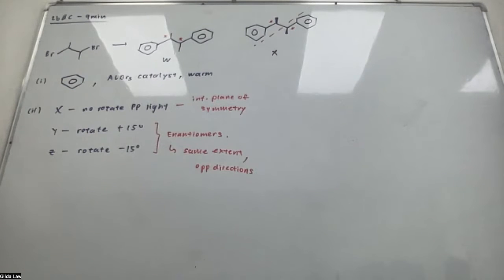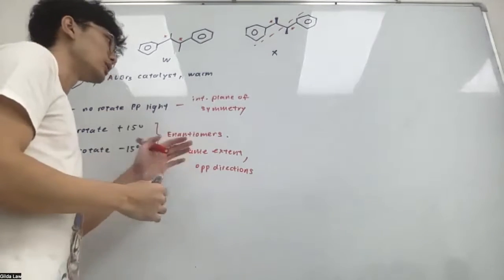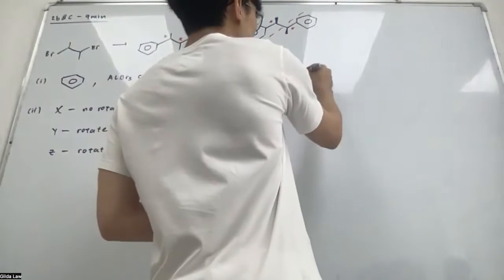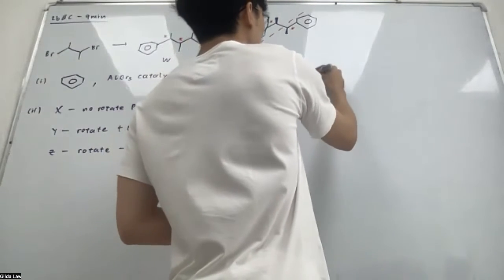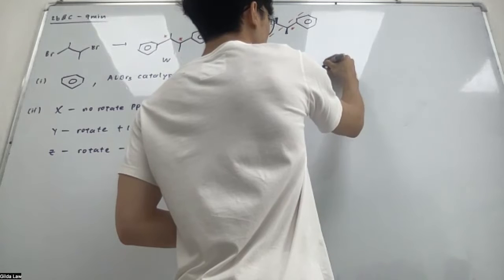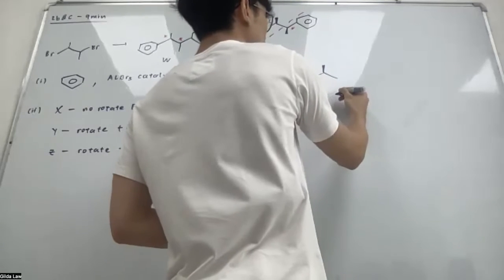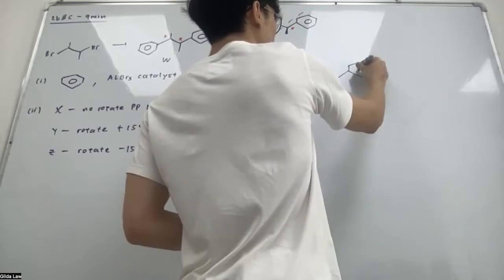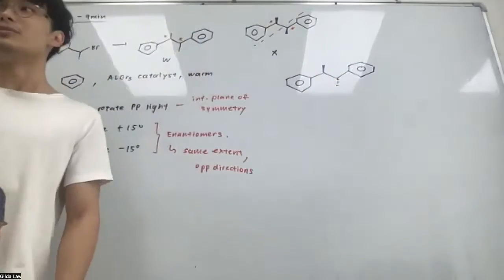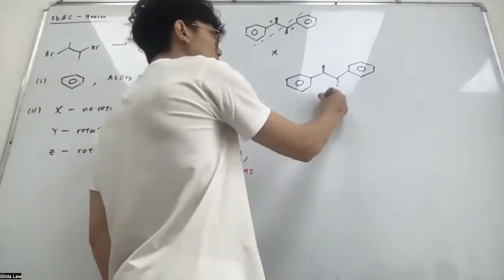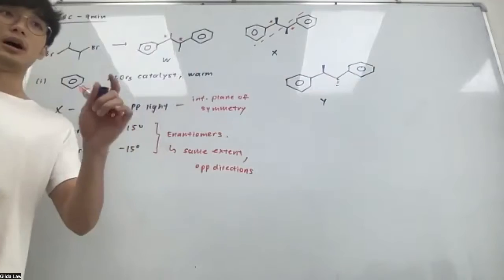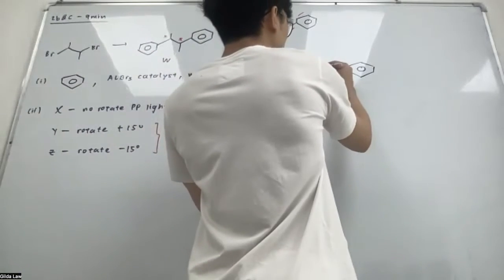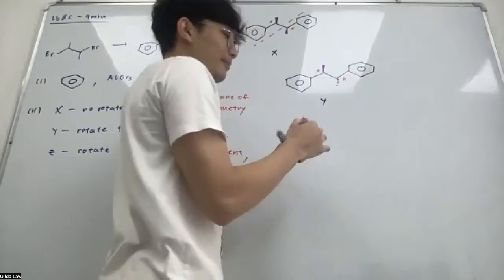But how do we draw Y and Z? How do we make them not symmetrical so that they are enantiomers? The wedges can change. If I put a solid wedge here, then I put a dash wedge next. Now, is the compound symmetrical? It's not. There's no internal plane of symmetry, so it only has chiral centers and it will rotate plane polarized light.